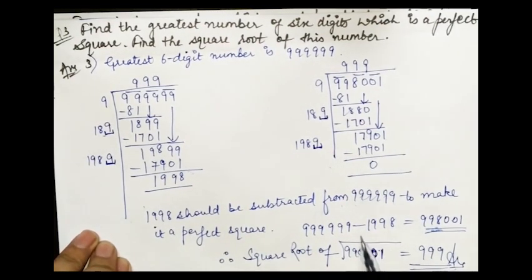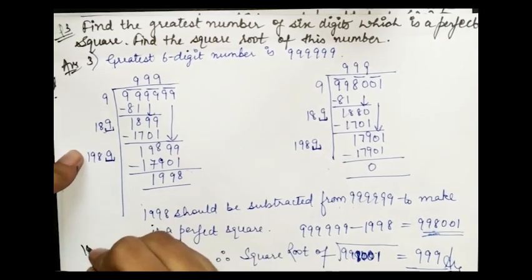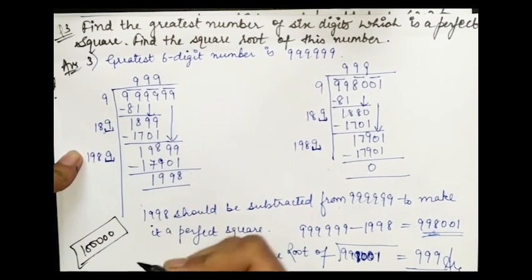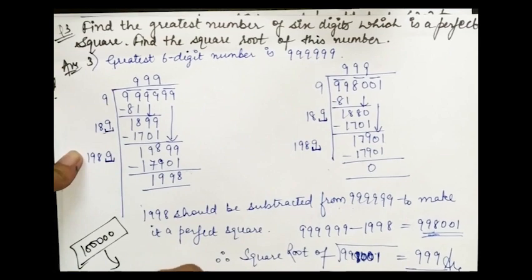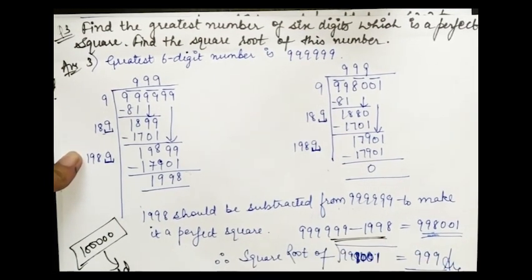You have to add that. So when you will be adding in the least number, in this number you have to add that, and then the number which will be coming, you have to just do the square root of that.